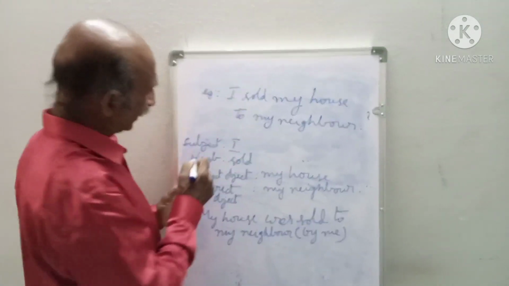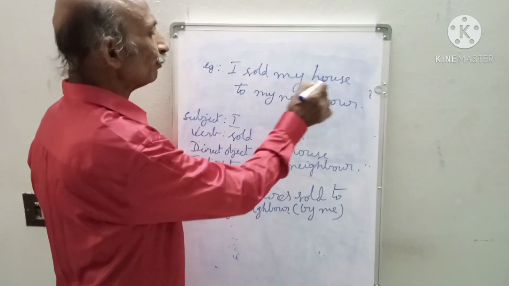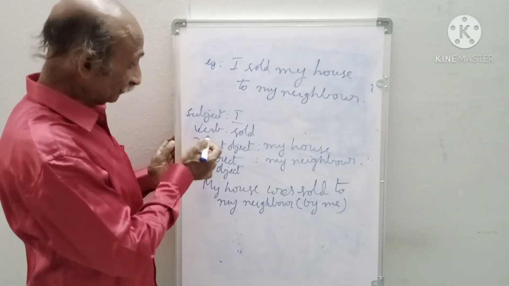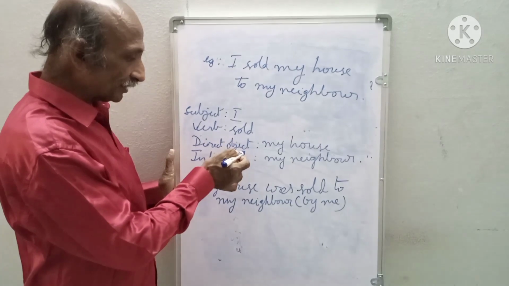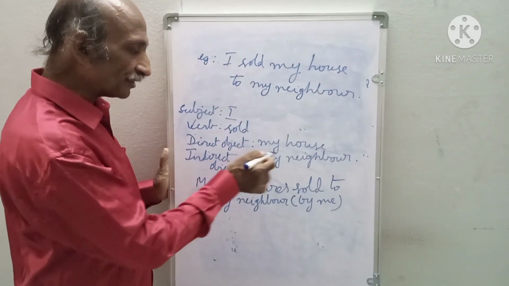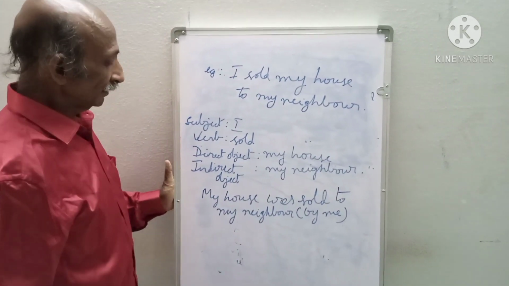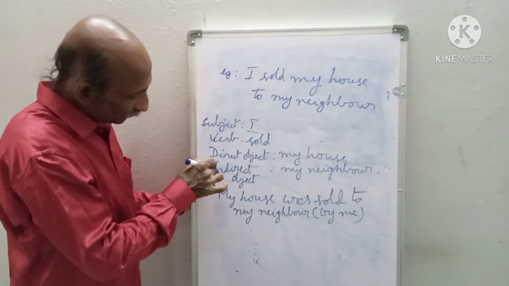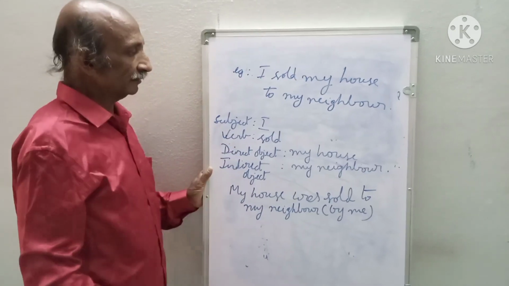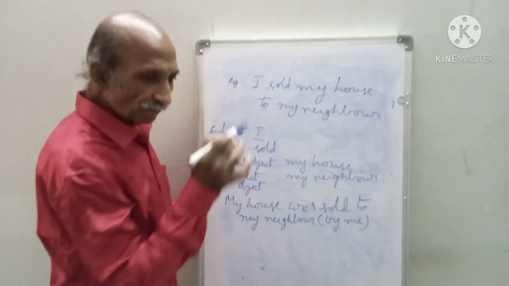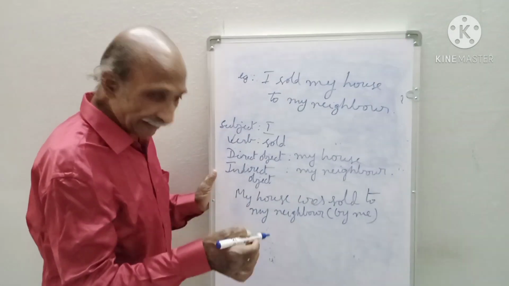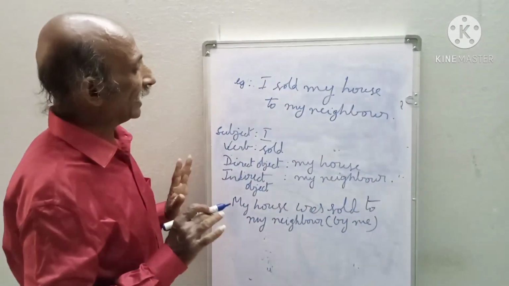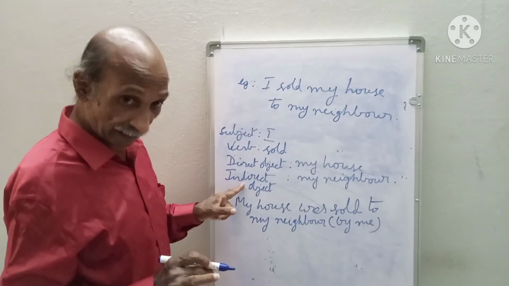Now take a look at the example here, my dear friends. I sold my house to my neighbor. Here subject is I, verb is sold, direct object is my house, indirect object is my neighbor. So here in this example, we cannot use the indirect object as a subject. I told you, verbs like sell, send, bring, buy, write cannot accept indirect object as their subject.